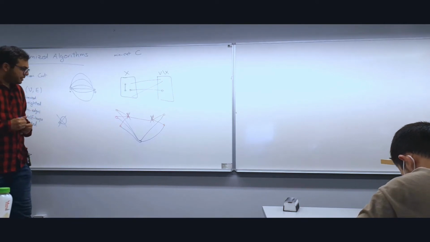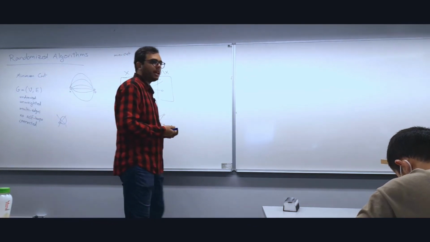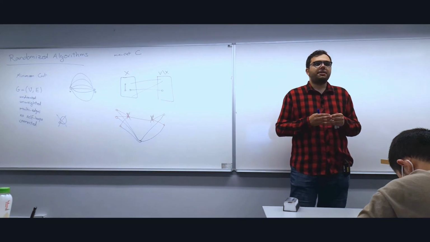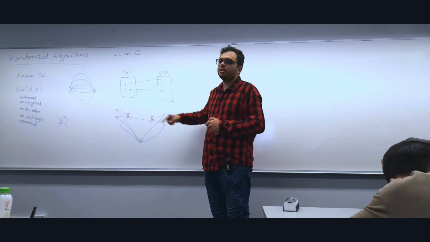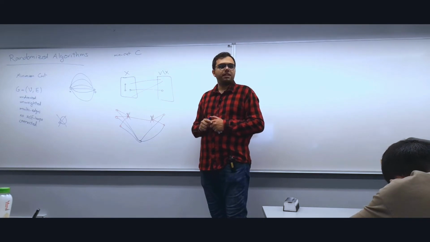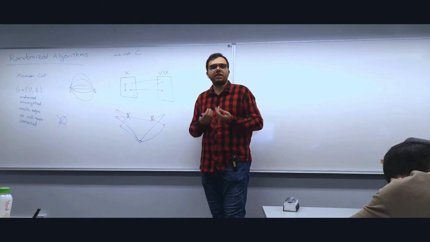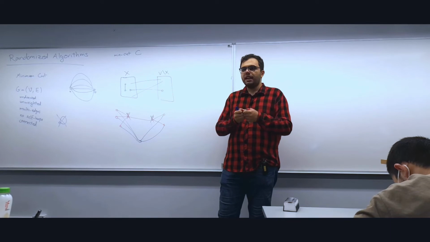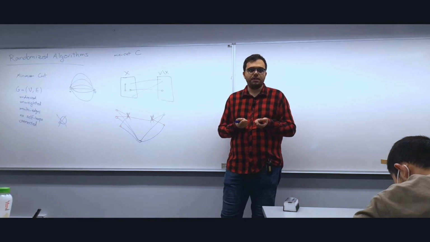Okay, so when I'm just taking edges randomly and contracting them, I'm always hoping that the probability that the edge that I chose is in the MinCut is going to be small. So if that probability is small, then it's fine. I can risk it. I can take this random edge and contract it, and it will very likely not be in my MinCut. That's the whole idea of this algorithm.